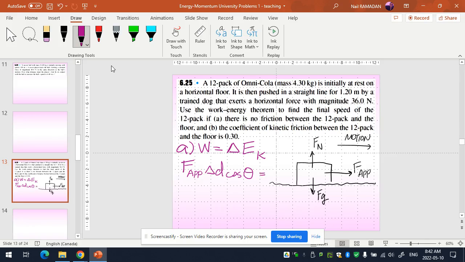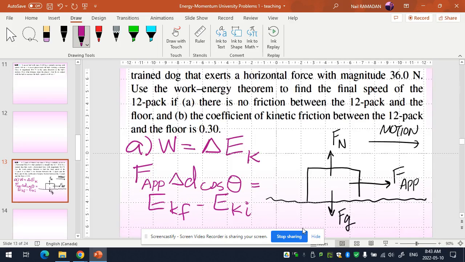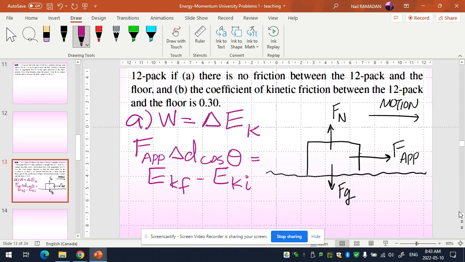What's delta EK? EK final minus EK initial. But what happens to be EK initial of the box? 0, because the initial speed is 0. So you can say equals EKF minus EKI, and then you can just cross the EKI out and make it 0.